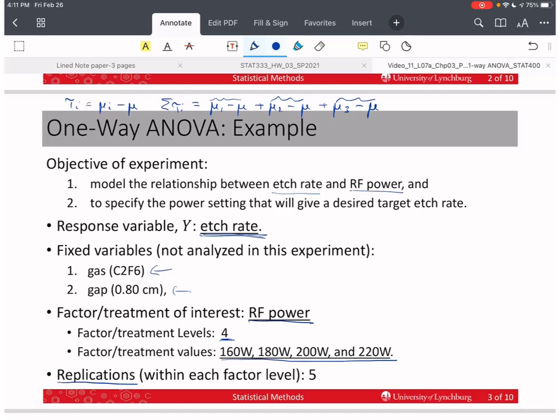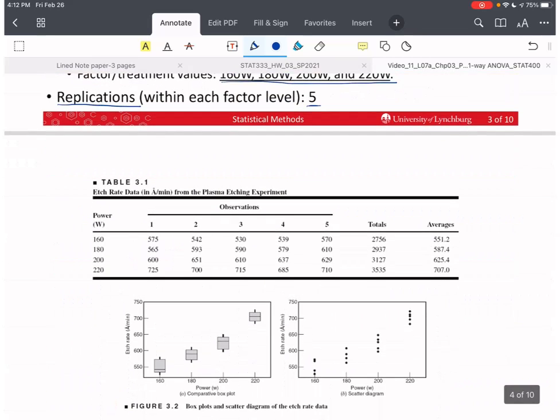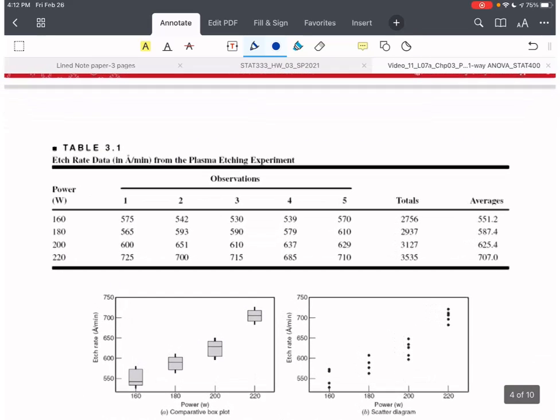And then our replications, how many times we're going to repeat each experiment. Each experiment, if you will, is the power setting in this case, because there's only one variable. So for each level of the power, we're going to do 5 of each. And that is what we have here in the data. So for each of these factor levels going across, we have 5 repeats or replications.